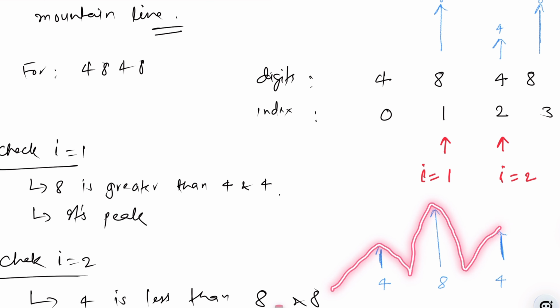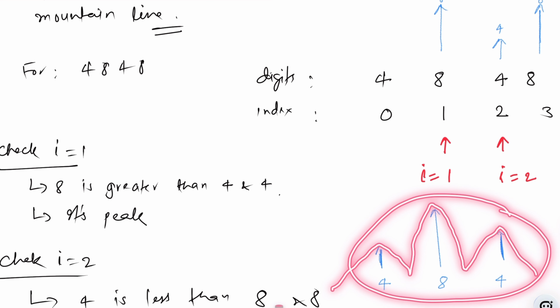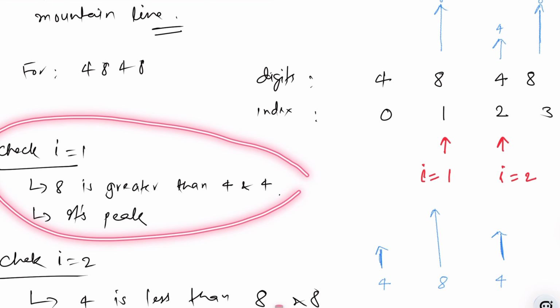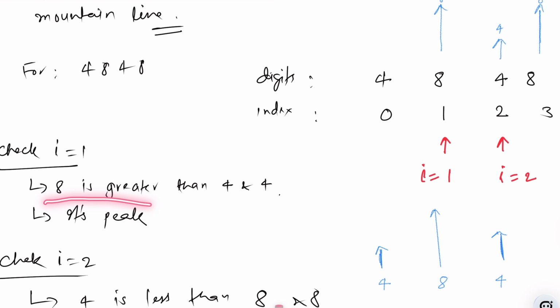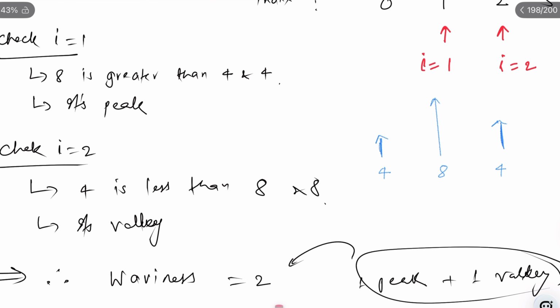So we get a peak when i equals 1. When i equals 2, we talk about this next digit, and here it looks like this, so here we get a valley. So i equal to 2 gives a valley.